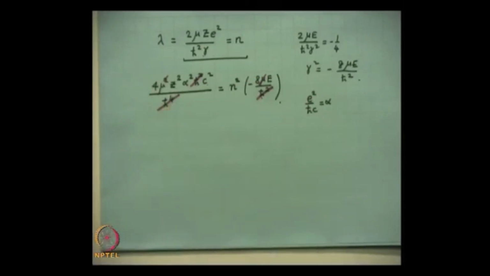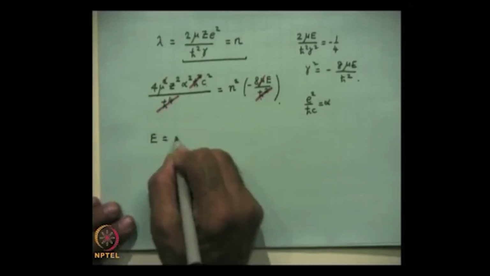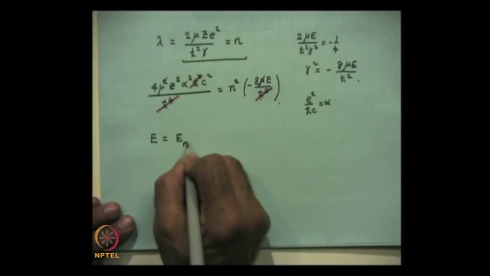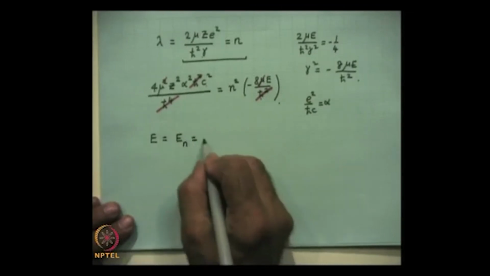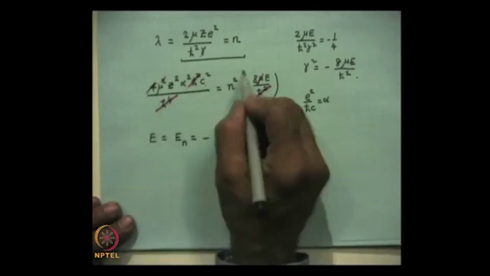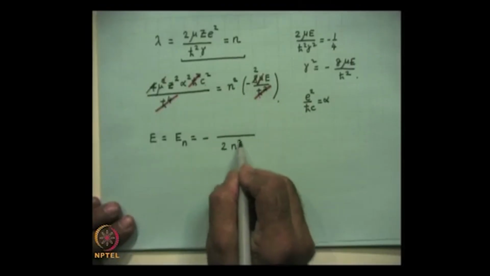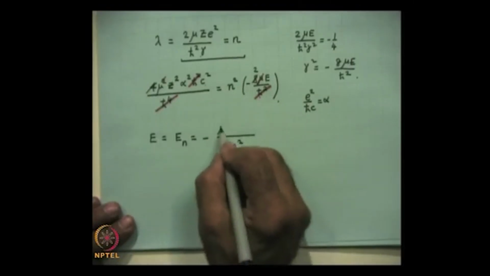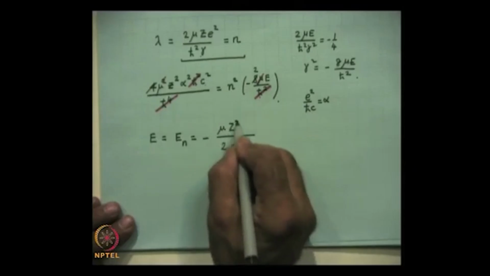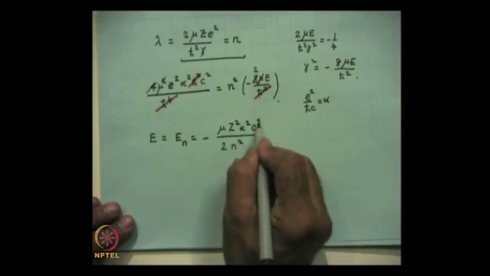So, I will get E equal to E n is equal to minus, 4 becomes 2, so 2 n square, mu Z square alpha square c square.